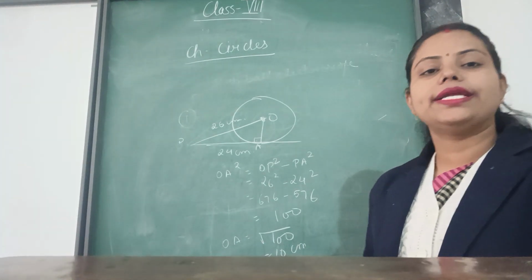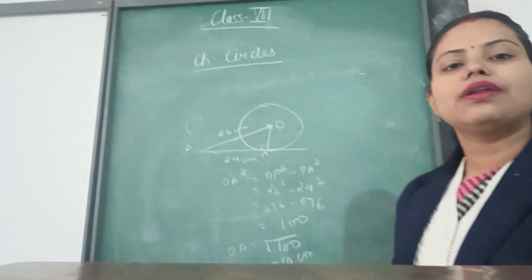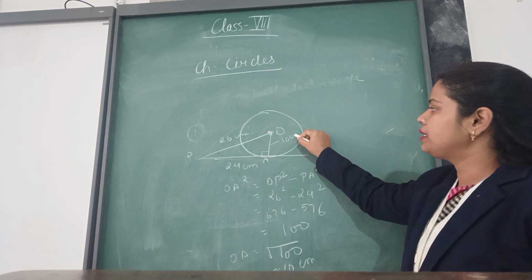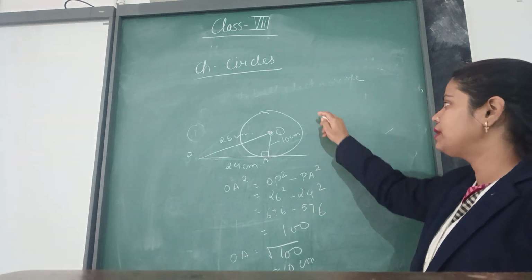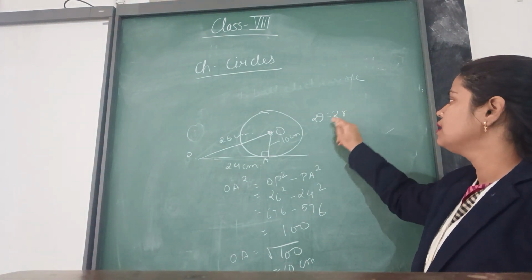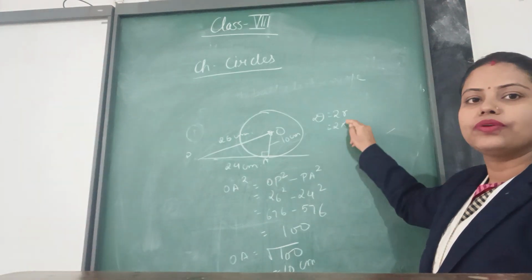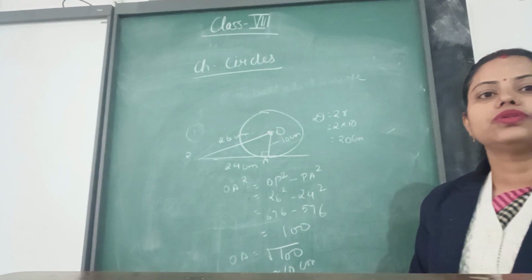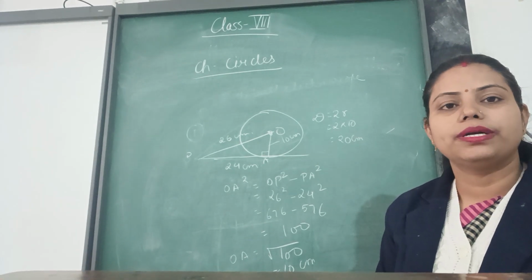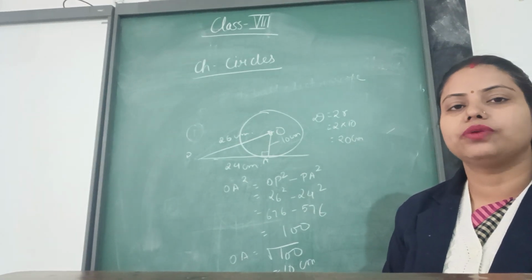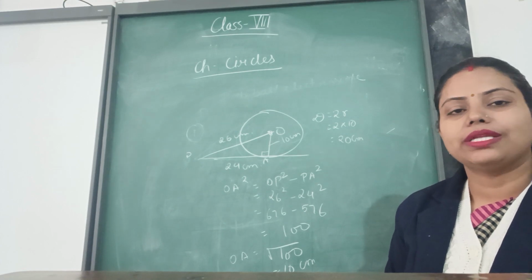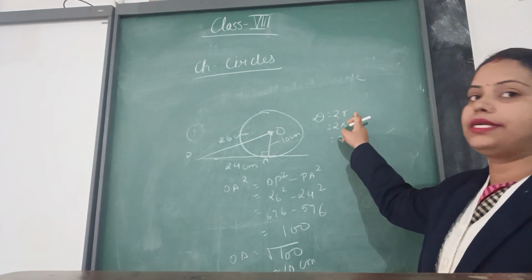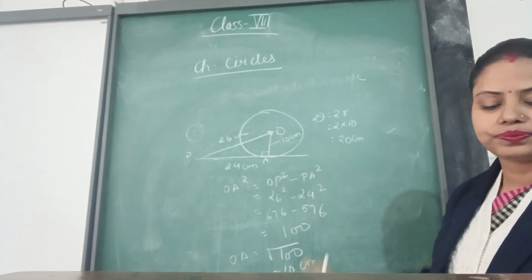Now once we are getting the radius to be 10 centimeter, then we can write that the diameter is equal to twice the radius, that is 2 into 10, so we are getting it to be 20 centimeter. So this question we have solved by using the property that the tangent is perpendicular to the radius. We used the Pythagoras theorem to find out the value of OA, and then we doubled it to get the diameter.